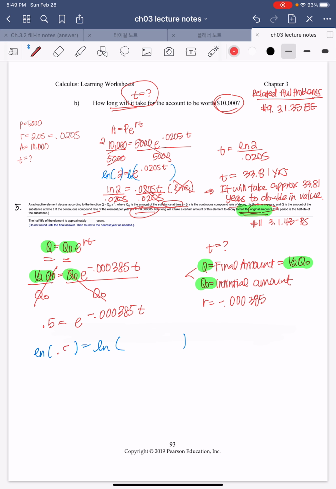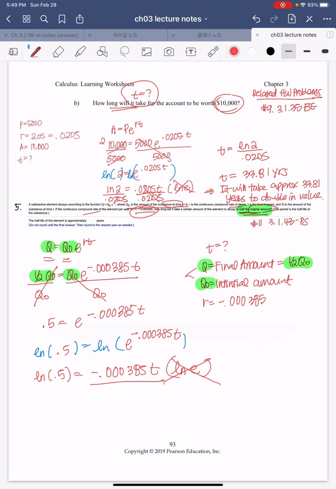ln of 0.5 equals ln of e raised to negative 0.000385 T. By the property, we can move the exponent down as a product. So ln of 0.5 equals negative 0.000385 T times ln e. ln e is just 1.